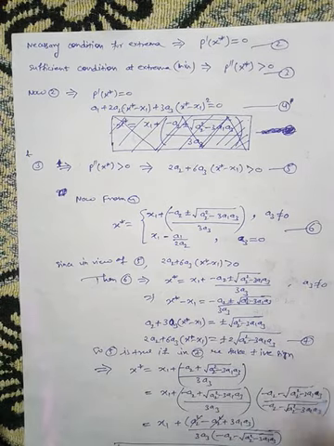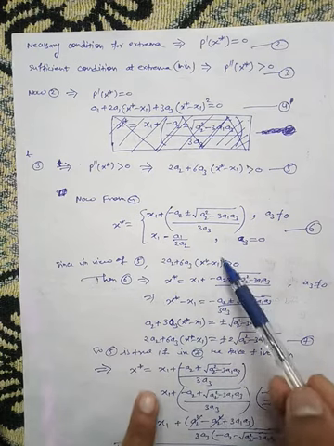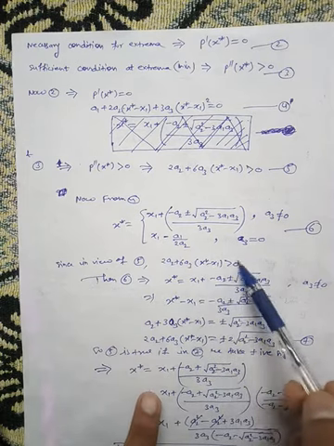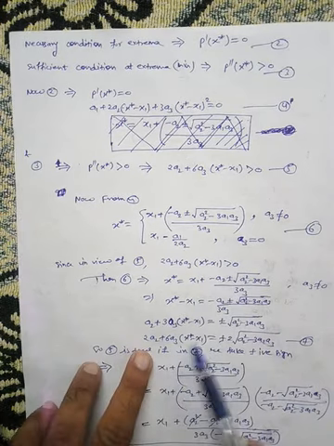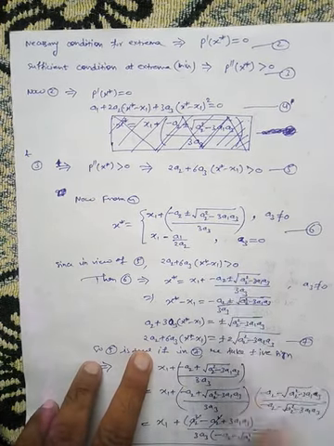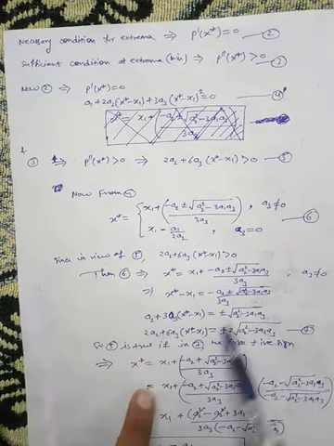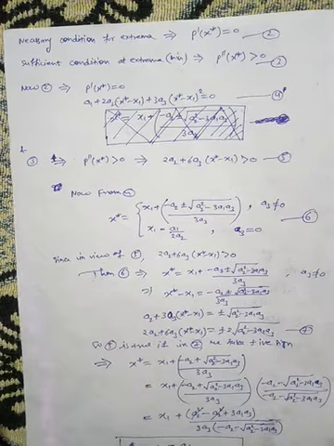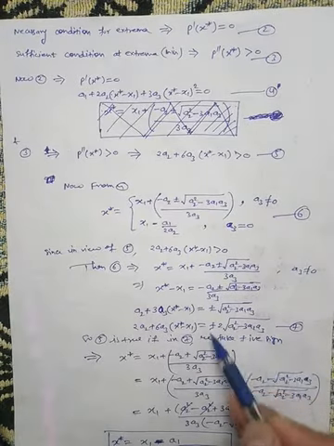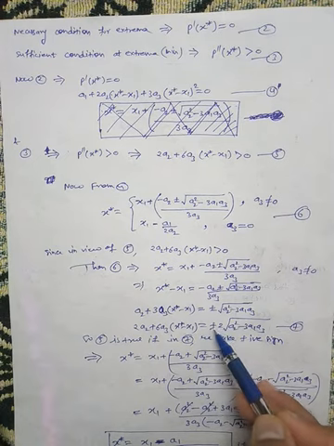This is equation 7. Now when you compare this with equation 5, this quantity is greater than 0 and the left hand side is the same, so the left hand side should be greater than 0. That means this right hand side should be greater than 0. Since this quantity should be greater than 0, we can take the positive sign rather than the negative sign.